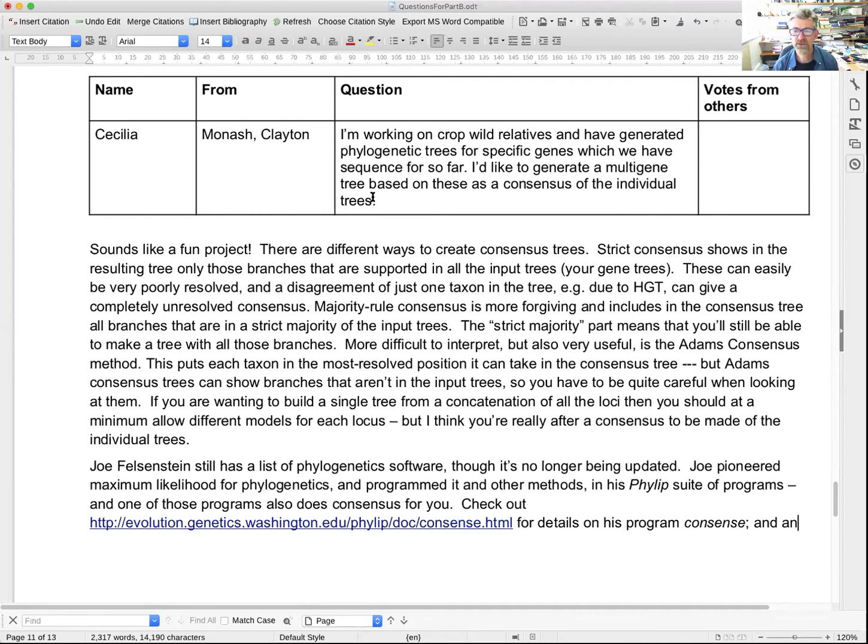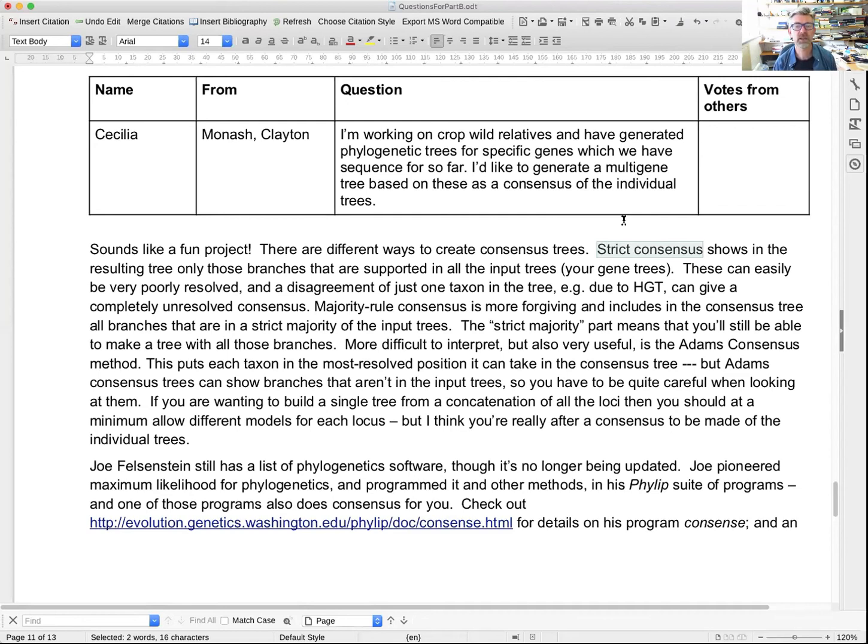One of them is called strict consensus, and strict consensus is a method that just includes in the output tree, given the input trees, only the branches that are in every single input tree. Well, I should say it doesn't have to be in every single tree.